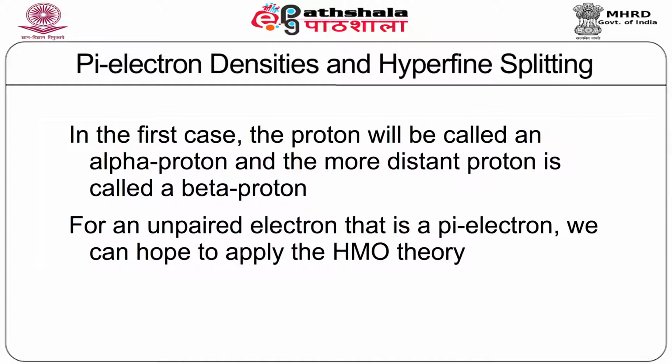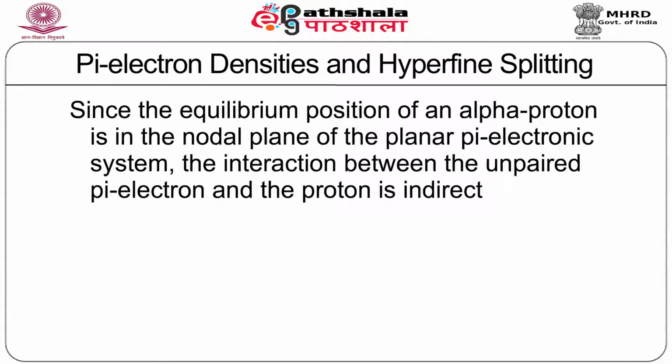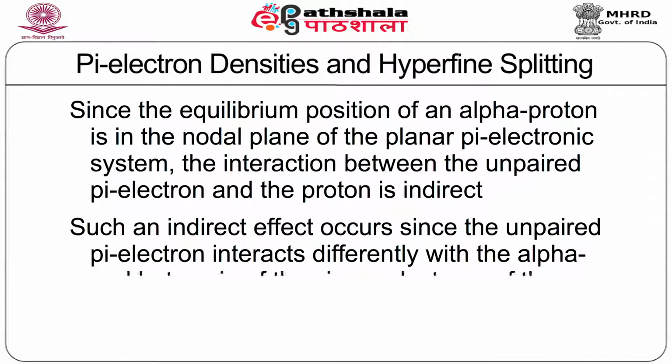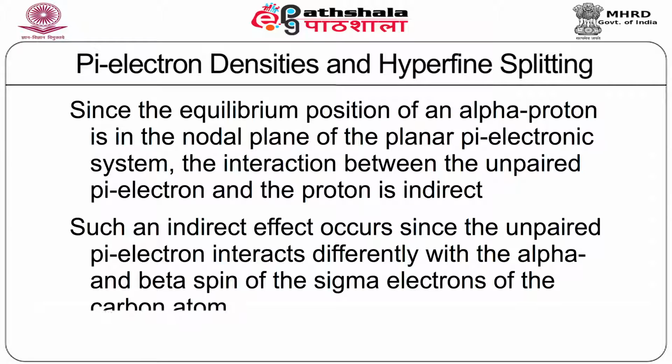theory for this case. Since the equilibrium position of an alpha proton is in the nodal plane of the planar pi electronic system, the interaction between the unpaired pi electron and the proton is indirect. Such an indirect effect occurs since the unpaired pi electron interacts differently with the alpha and beta spins of the sigma electrons of the carbon atom.